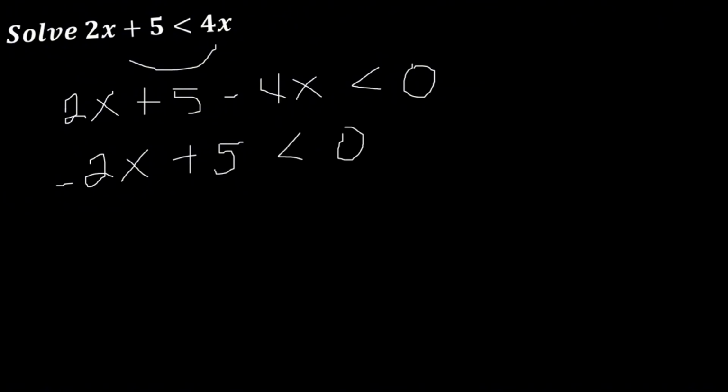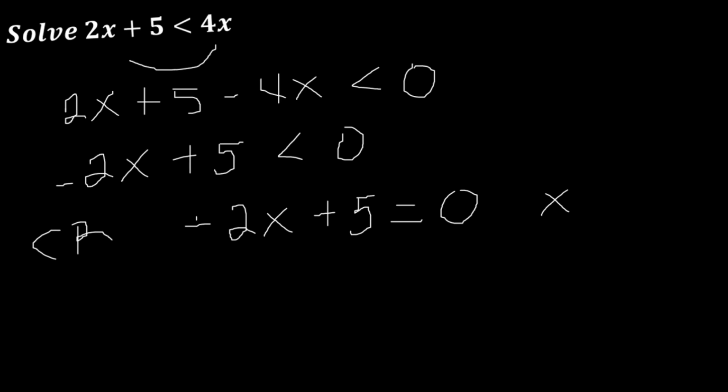From here we can find the critical point, that is minus 2x plus 5 is equal to 0. Therefore, we can have our x equal to what? Send it to that side. We're going to have 5 on 2.